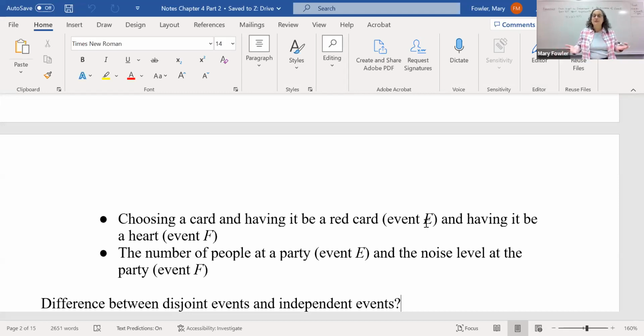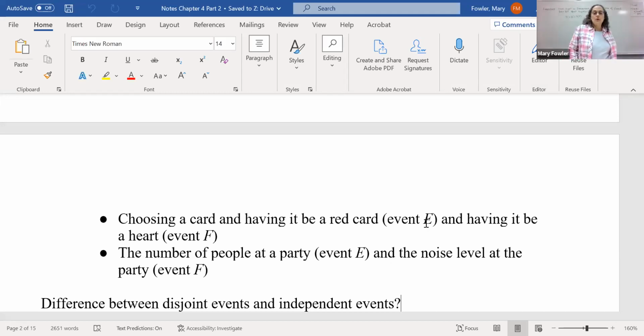In general, if we didn't have any information on the color of the card, that is, if E was unknown, then the probability of a heart is, a quarter of the deck is in each suit, so 1/4.